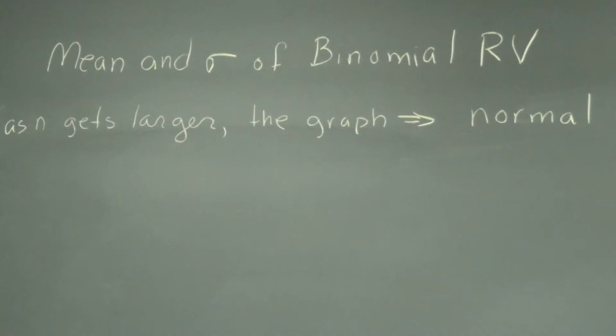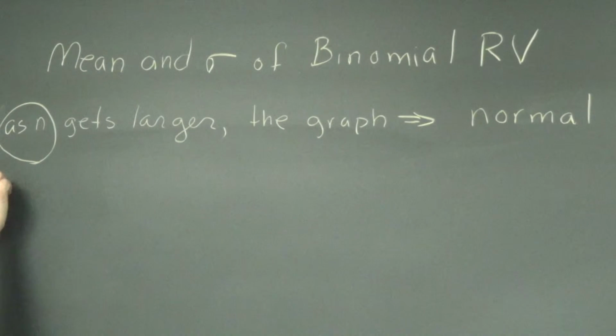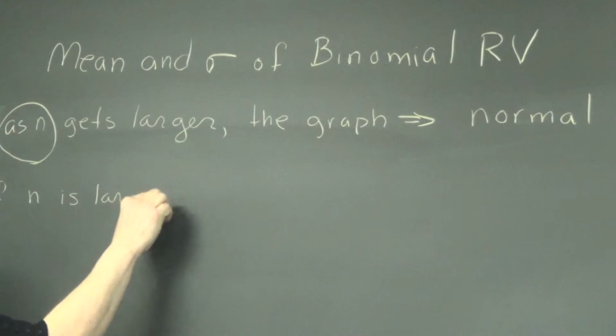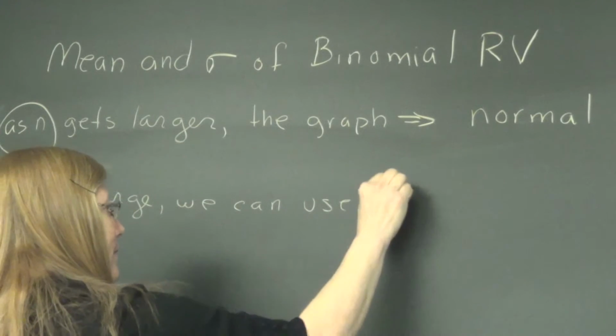So as it approaches, why do we need it to be normal? Because then we can use chart A. So we can use chart A if n is large.